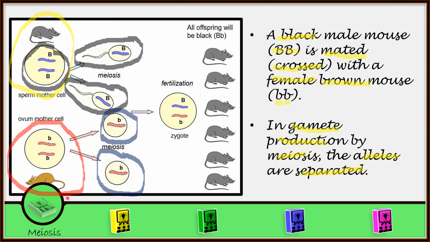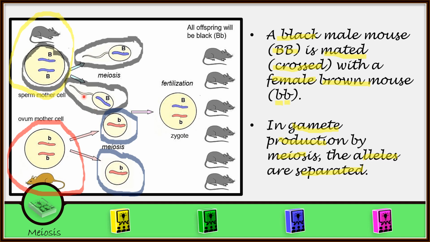Now, when you look at the sperms that we have produced, this one has allele capital B, and even this one has allele capital B, meaning that they are the same allele. And if you look at the ovum, this one will have small b, and this one also has small b allele. So they are the same.